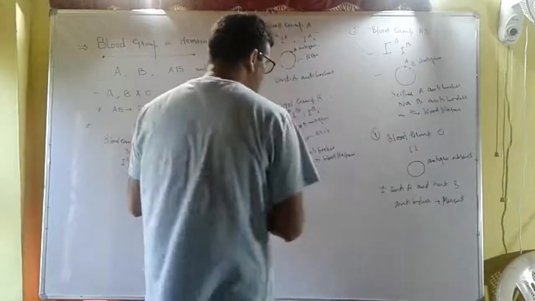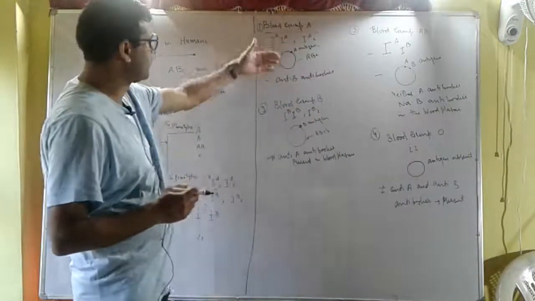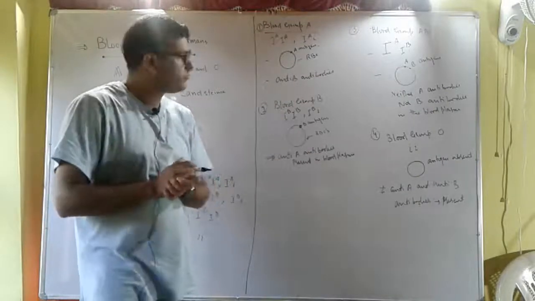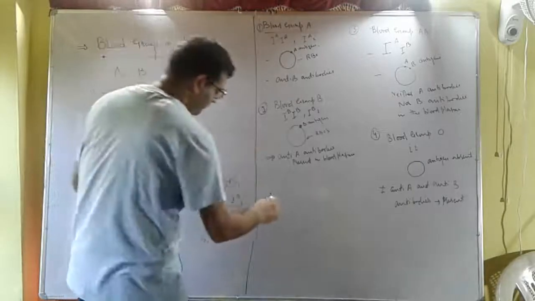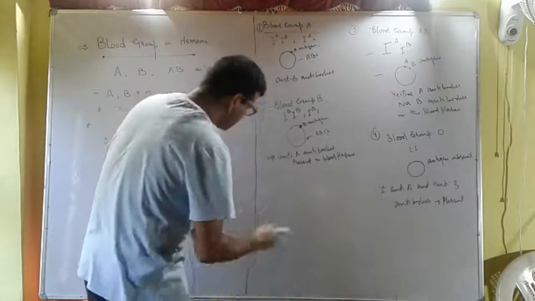As we have seen these blood groups, A, B, AB, and O, we have also seen their genotypes and antigens. Among these, blood group AB is called the universal recipient.